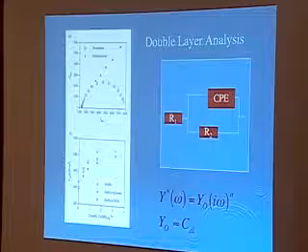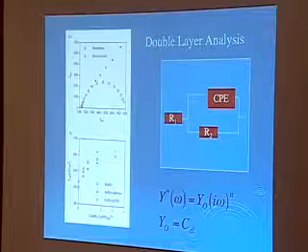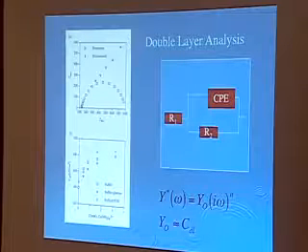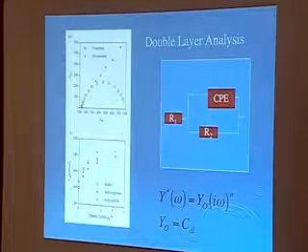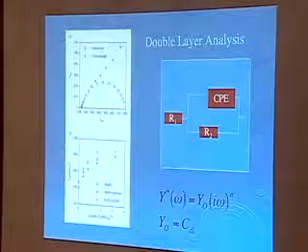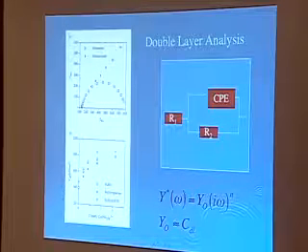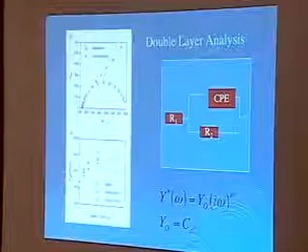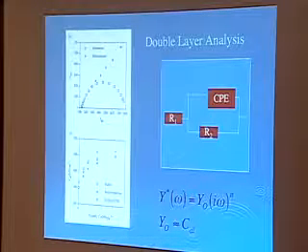We go from 140 microfarads per square centimeter to 180 microfarads per square centimeter. That's not enough to dramatically change the charge transfer kinetics again. It's a very modest change in the capacitance. So we rule out playing with the double layer as where this comes from.